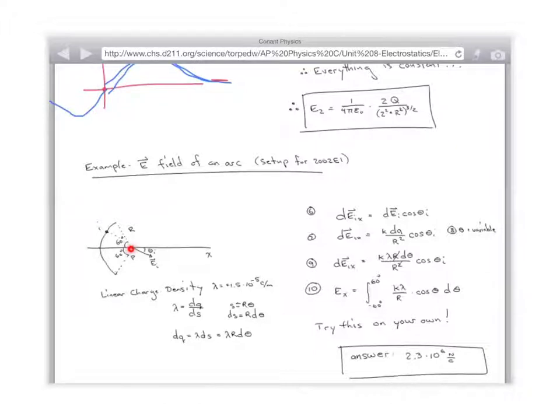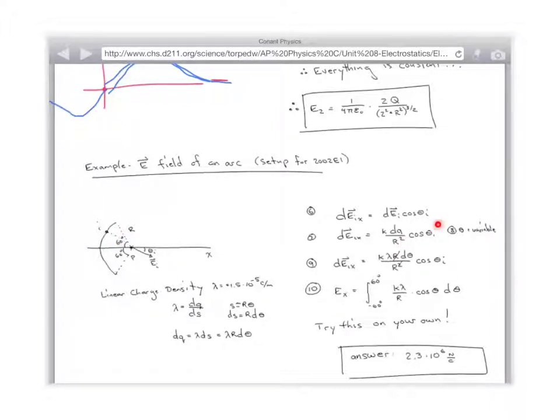If you pick any random point, it's not going to point exactly to the right, so you have to use the cosine of the angle. So I'm interested in dE cosine of this little angle in here, which isn't 60 degrees. So dE cosine theta is k dq over r squared times cosine theta.